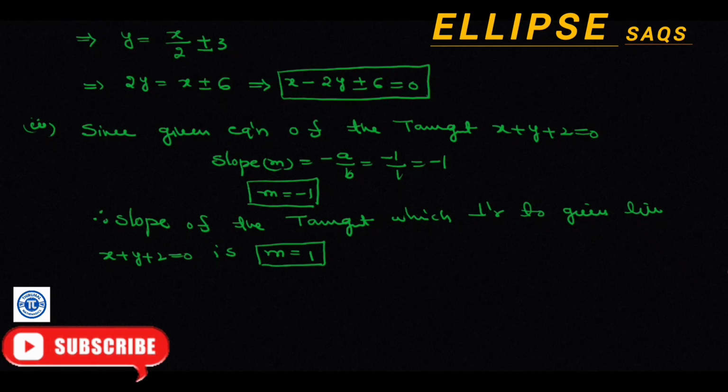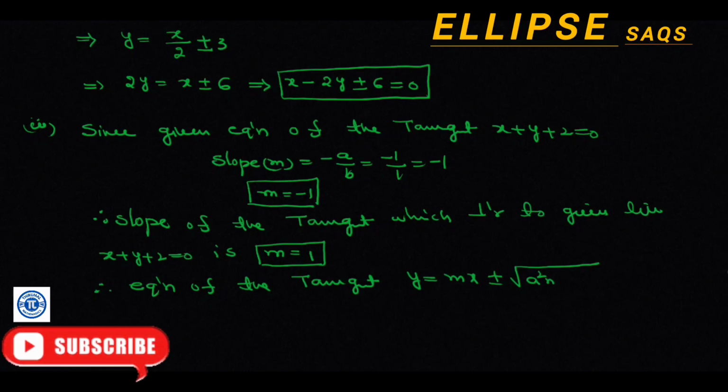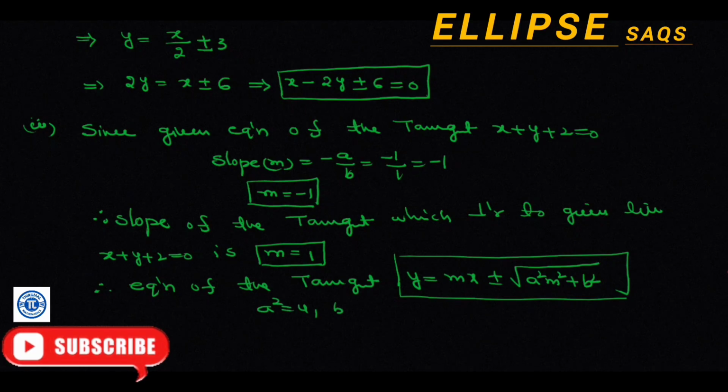Okay, now write equation of the tangent, y equal to mx plus or minus under root of same formula a square m square plus b square. Here slope is different but same formula. Here a square value we know is equal to 4 and b square value 8 and m value 1.